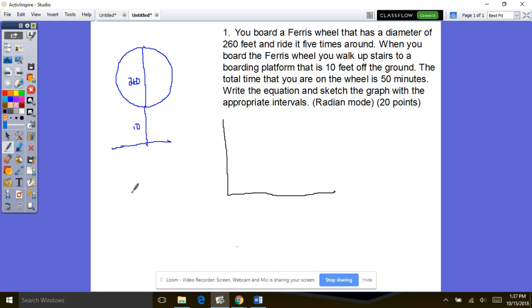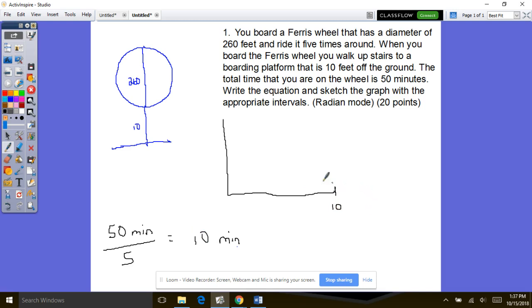Just go 50 divided by 5, that's 10. So 10 minutes per interval. So 10 minutes will be your period for one cycle of the function. So 10 is going to go here on the end.